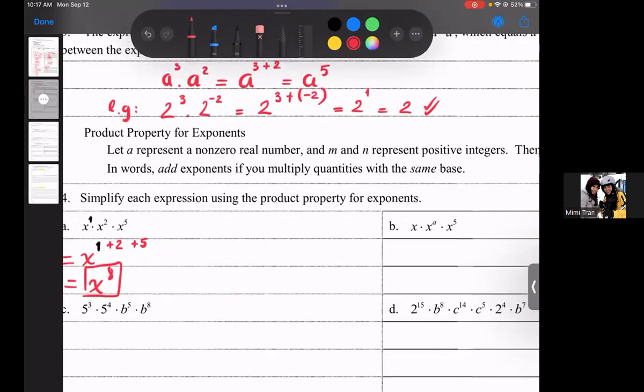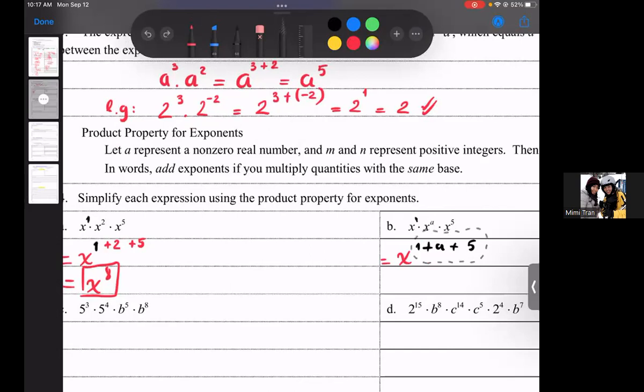For B, again, X is X to the first. So X to the first plus A plus 5. Someone simplify this for me.